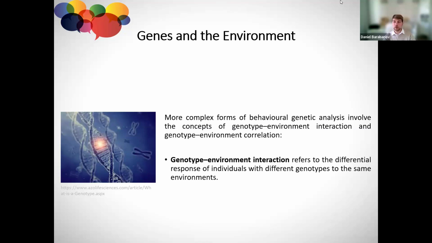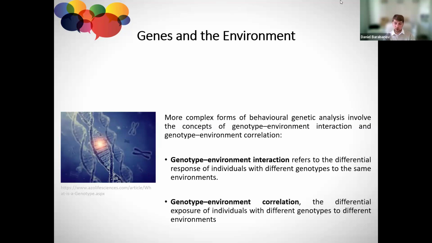So, for example, we have the same personality psychology course, but we have different students enrolled in this course, and those students have different genetics. So the environment is the same, but your response to this course will be different, right? Also due to your genetic differences. It's genotype-environment interaction.